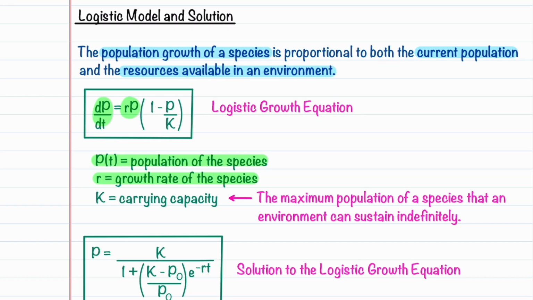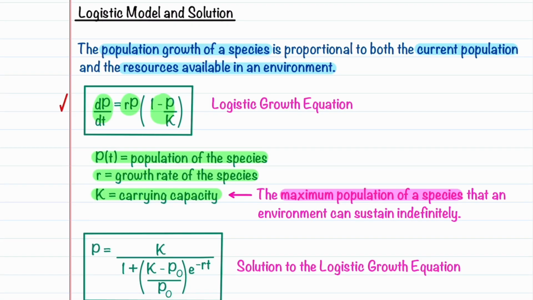That is represented by 1 minus p over k, where k is the carrying capacity. The carrying capacity is the maximum population of a species that an environment can sustain indefinitely.